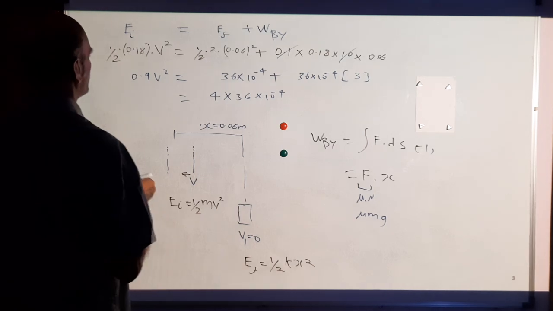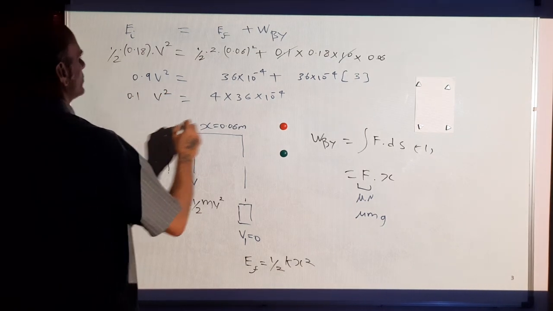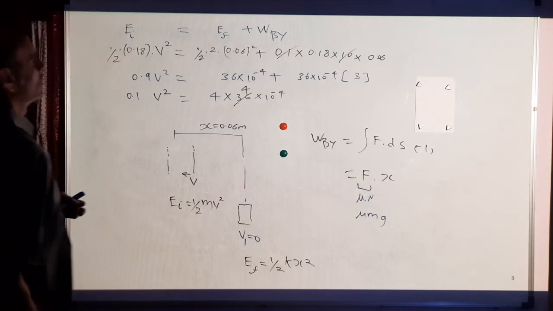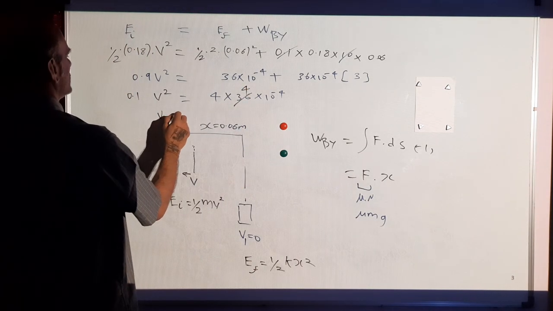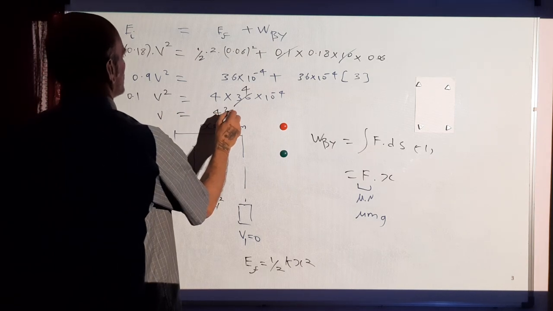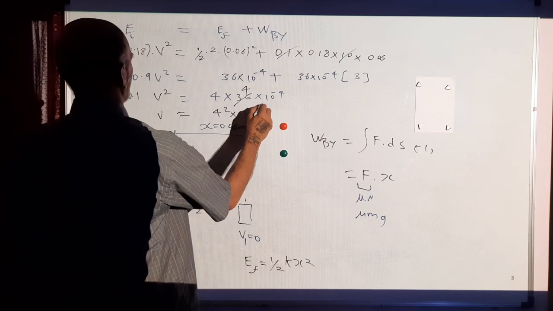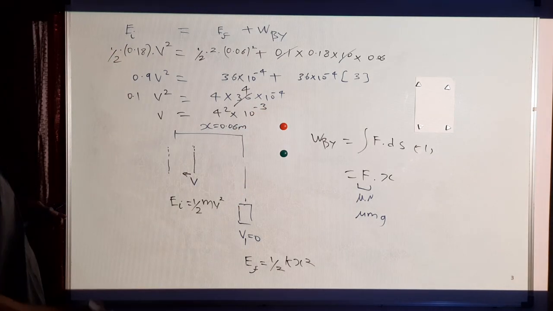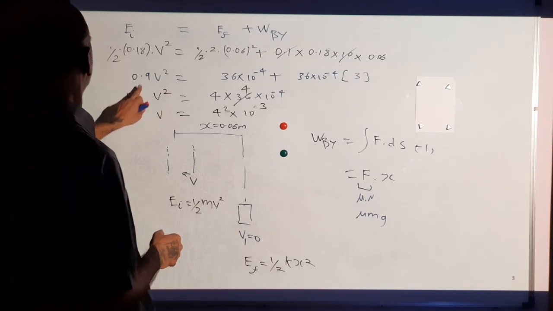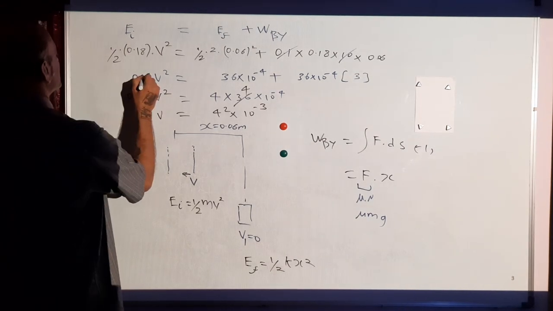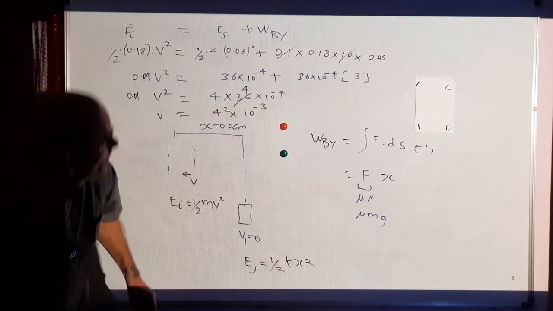So 0.1, so v square into 0.1... 4 square into 10 raised to minus 3. Some mistake is there. 0.09. So it becomes 10 raised to minus 2, then it's easy.